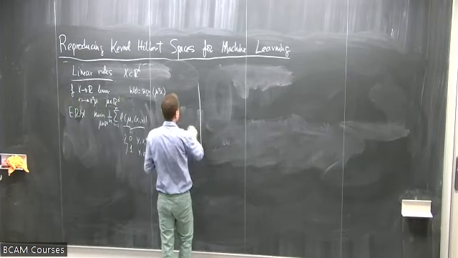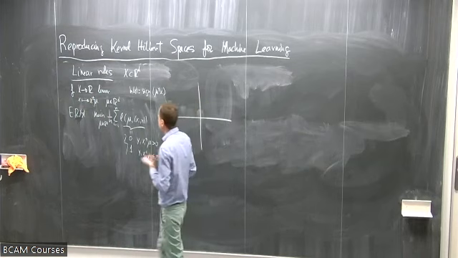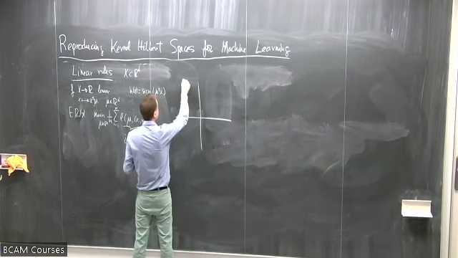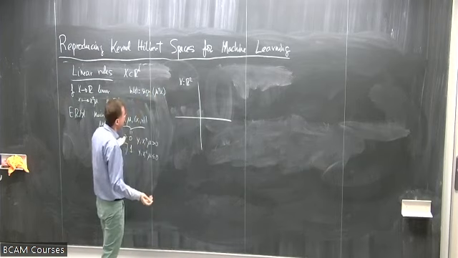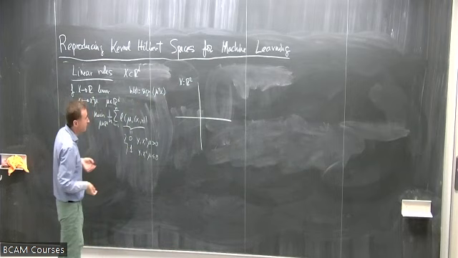What happens with this type of rules? Let's make a picture. Let's imagine that x is just in R2, so our points are points in the plane.